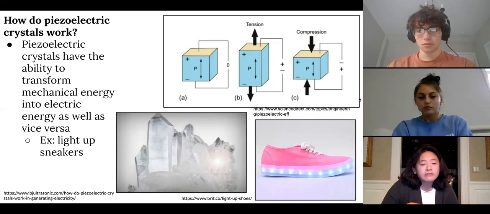Piezoelectric crystals have the ability to transform mechanical energy into electric energy, as well as vice versa. A perfect example of this would be a light up sneaker. If you've thought about the kid's shoes, you step on it, and that gives energy to the light bulbs in the shoe, therefore lighting them up.